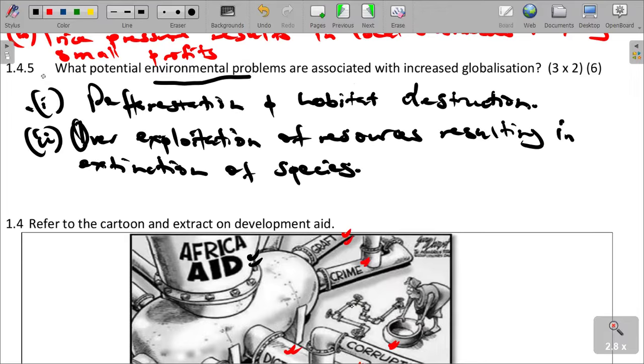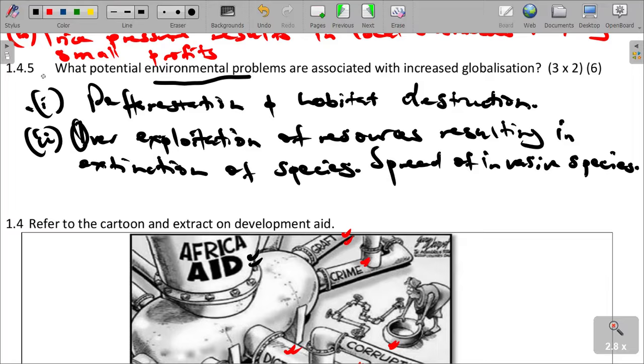We can also talk about spread of invasive species. These are exotic species which sometimes have negative effects on the environment, also because of globalization.